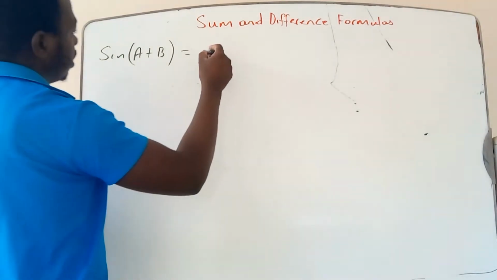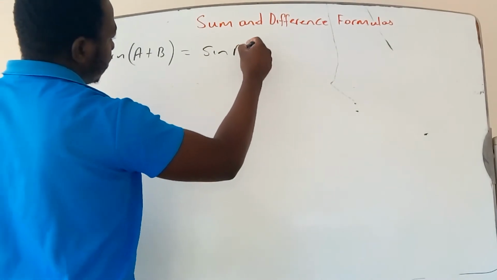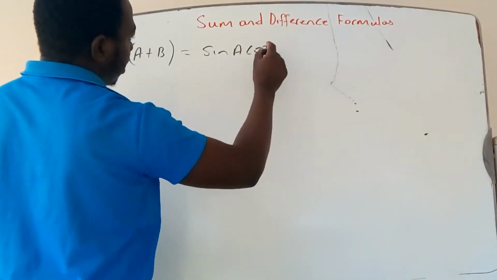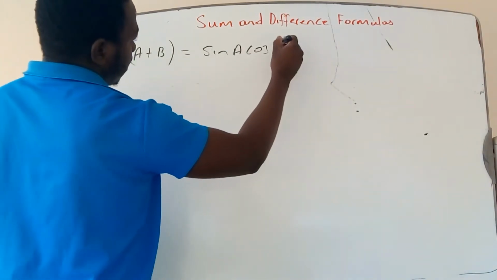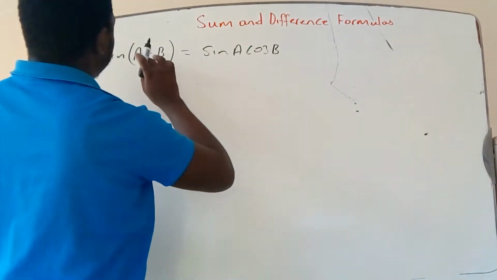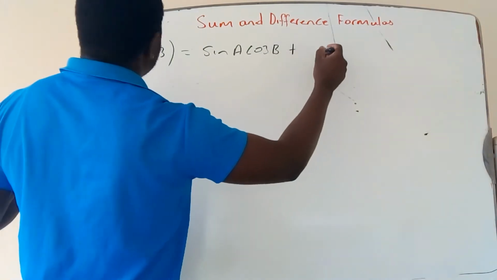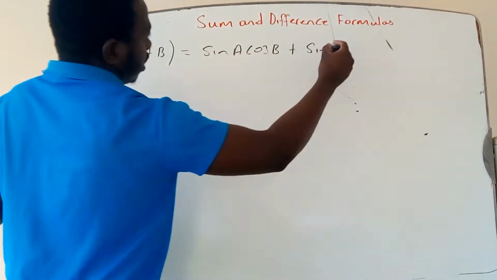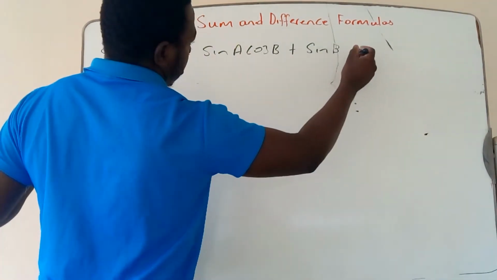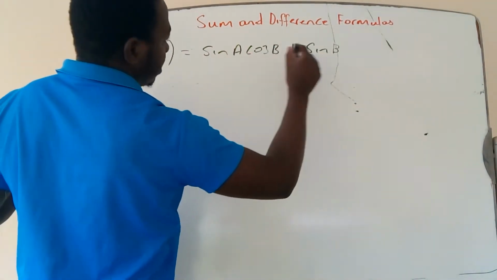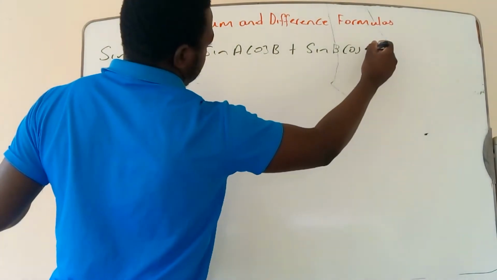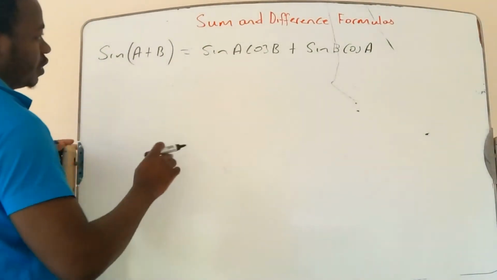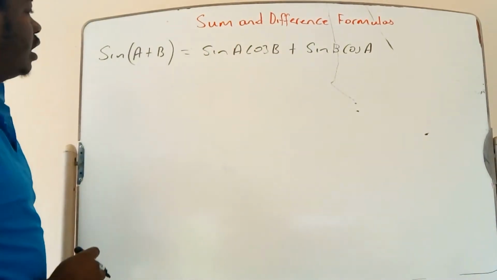This is simply equal to sine of A, this angle, multiplied by cos of B, the second angle, plus sine of the second angle here, which is B, multiplied by cos of the first angle, which is A. So these interchange, basically.